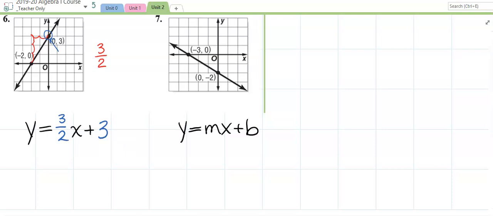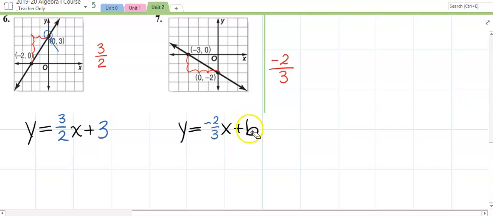Finally, on this next problem, I drop 2, so negative 2, and I run 3 to the right, positive 3. So my slope is negative 2/3. What's my y-intercept?